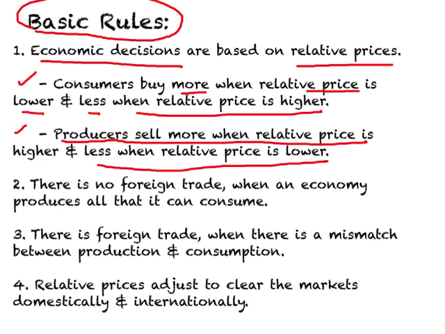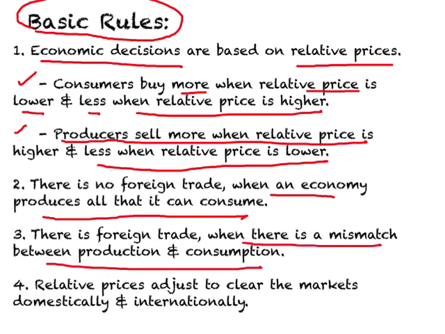And when we have no foreign trade, an economy produces all that it can consume. When we have foreign trade, there is a mismatch between domestic production and consumption. And when we have a mismatch between domestic production and consumption, that allows us to have foreign trade.